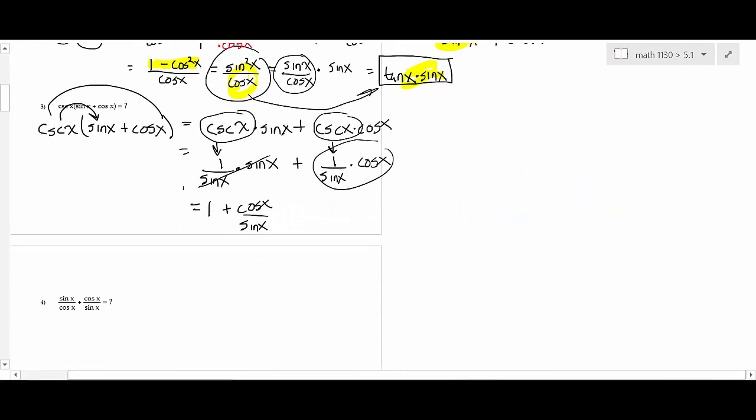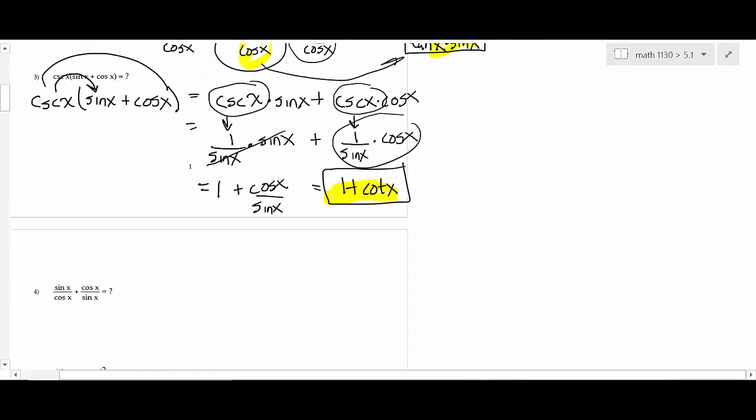So what you would get on this then is a pretty simple answer, 1 plus cotangent x. So we got it down to where now we just have one trig function, and just a few symbols in there. So that's probably about as simple as you're going to take that right there. Okay? So I'm taking identities, substituting equals for equals, then trying to simplify that as far as we can.